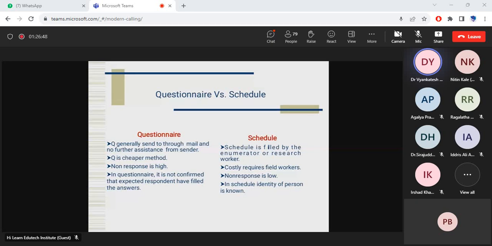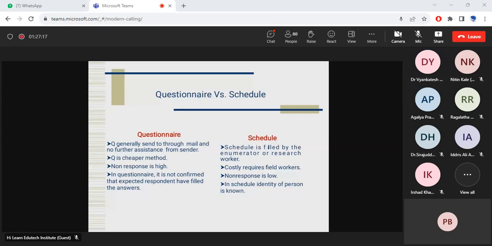Questionnaires are used only if the respondent is educated and well qualified. Information can be collected from the illiterate also through the schedule. Generally, the schedule method is popular in the medical field because the particular students are going to focus on data collection at the doorstep, and the scheduler is also familiar with the medical field concern.